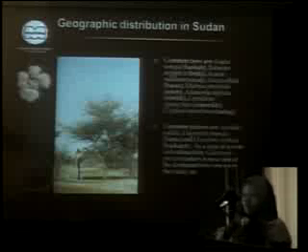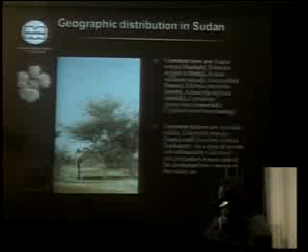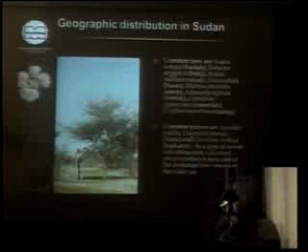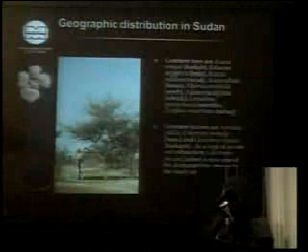The common trees in this area are locally called nabak, tabaldi, haskanit, and hashab. And the most common grass in this area is ushar. And this is the environmental occurrence of Madurella mycetomatis in the Sudan.